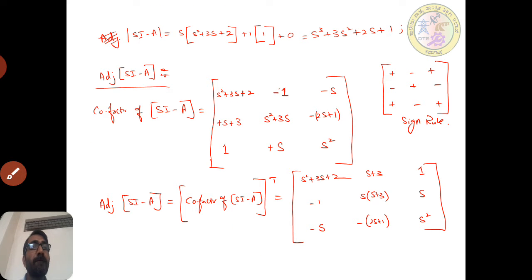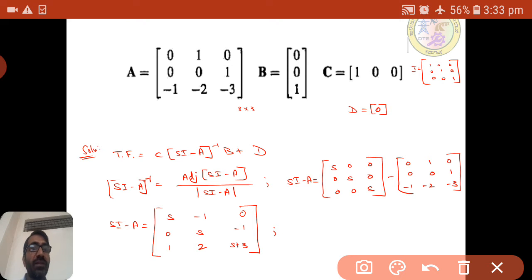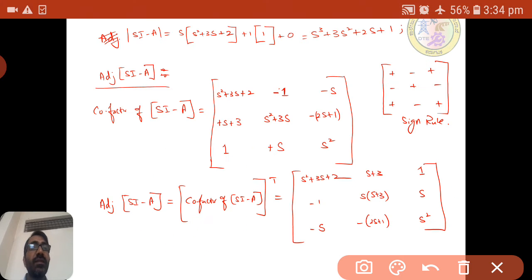If you take this column, with 0 and this one and this one, then it will be 0 into 2. Here they have taken s, minus 1, 0 only. If you take the s term, it will be s into s plus 3 minus of minus 1 into 2, that is plus 2. So that is clear: s into s squared plus 3s plus 2.